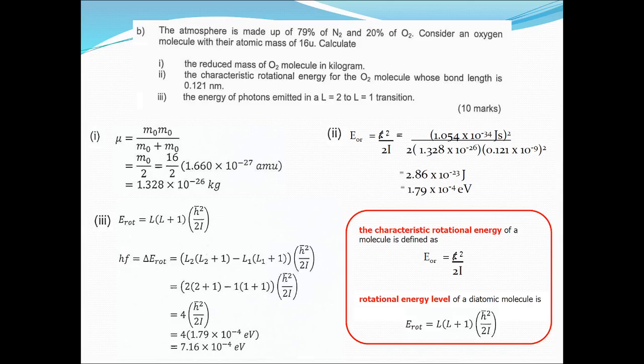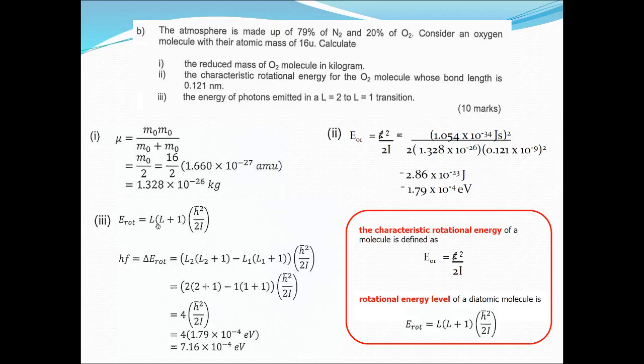And the next one is on the energy of the photon. You have to calculate the energy of the photon emitted. Now the question asks you to calculate the energy from level 2 to level 1. So now we are using this equation. Because this one is a constant, you can put it aside first.